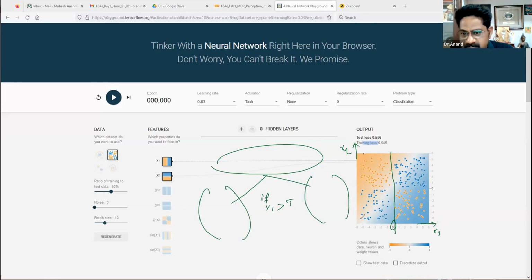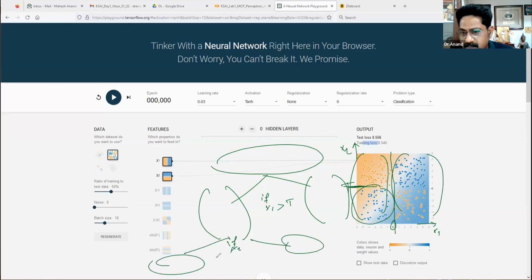Below the threshold, these will come to the left hand side. This will go to the right hand side, isn't it? That is the first level. And here I'll ask the question: if the X2 feature is above this threshold, all these, you come this side. All you, come this side. For this side also, this time I'm using the X2 vertical feature, the Y-axis feature.